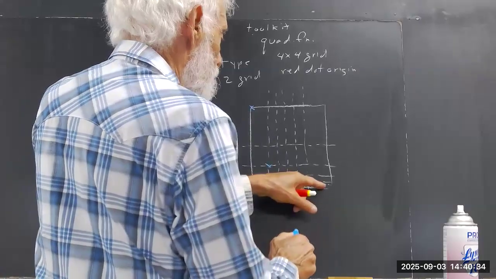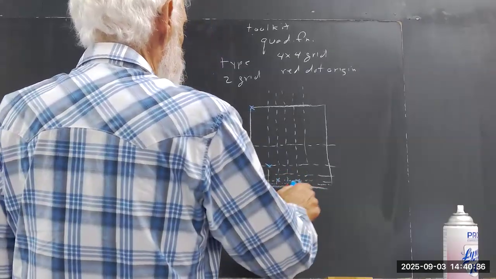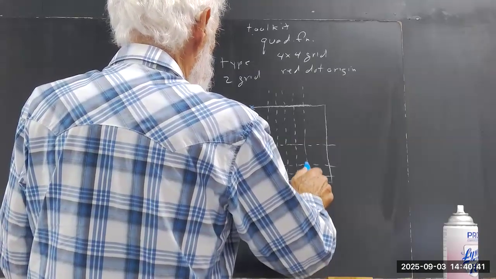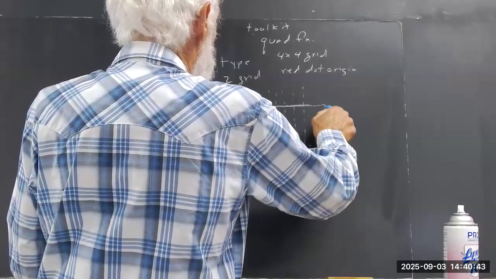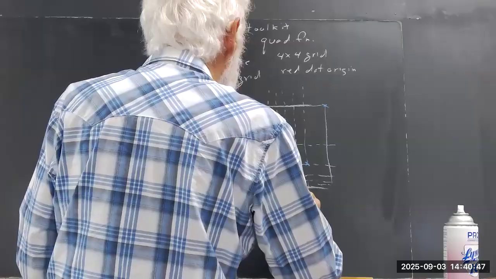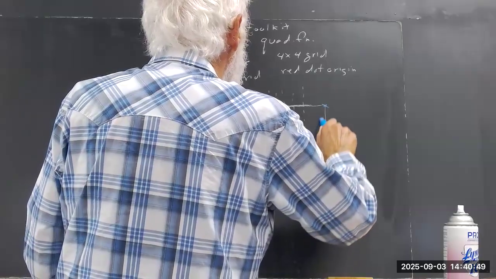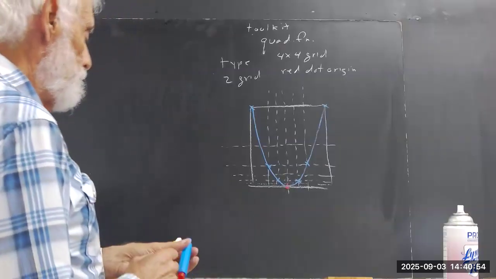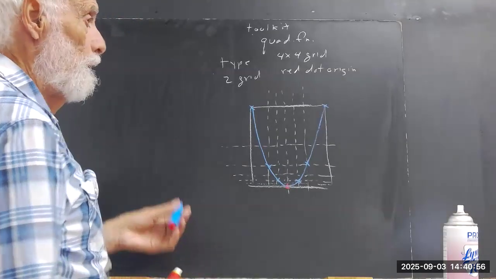Again, there's a line we're not really using except to skip it, the fifth horizontal line. Then right 1 up 2, right 1 up 2. We sketch our nice, smooth, beautiful parabola.